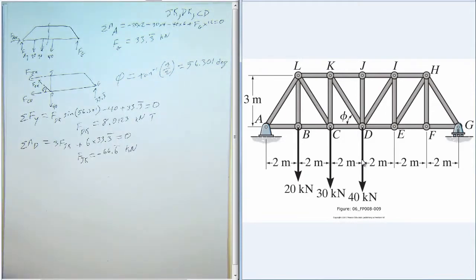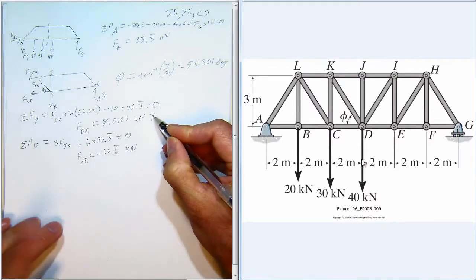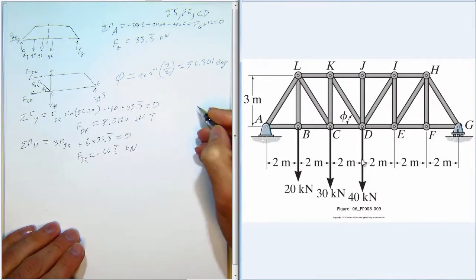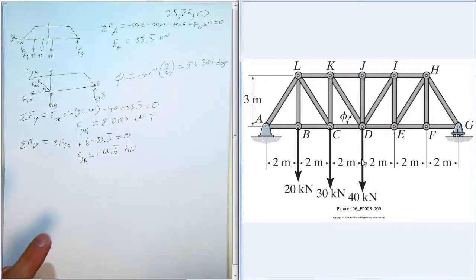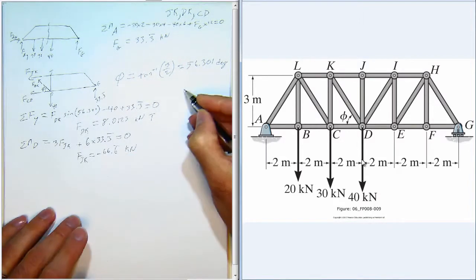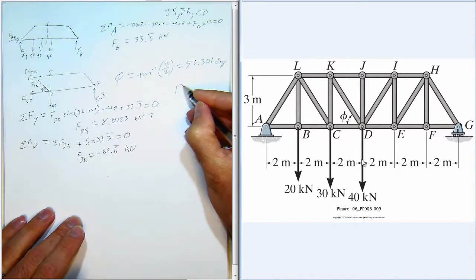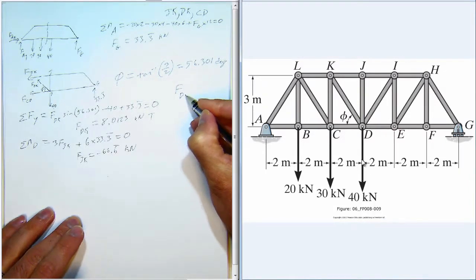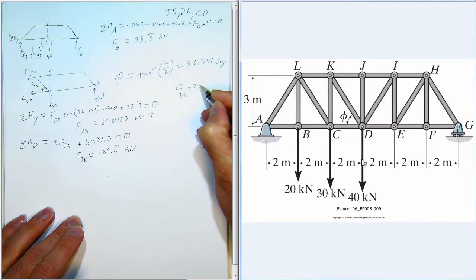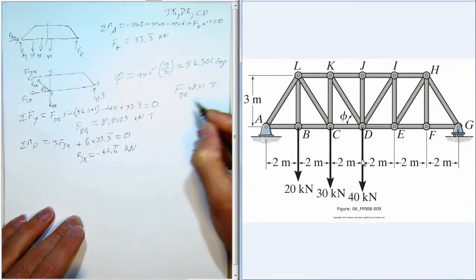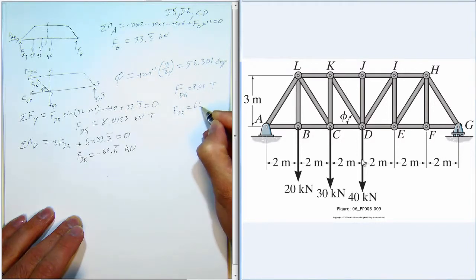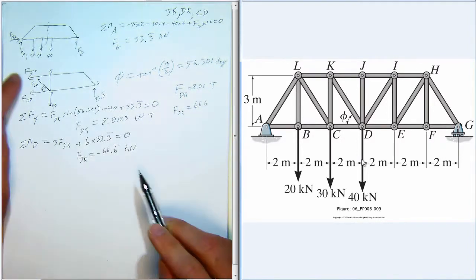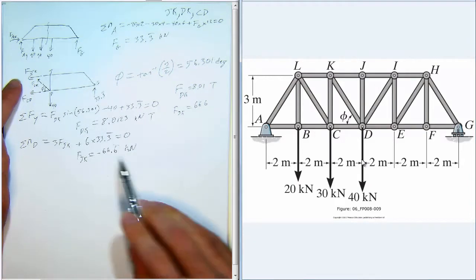Okay. So it's good to have a little table up here for the answers when we start dealing with these negative numbers and everything. Okay. And this will be our final answer. And hopefully you'll see why in a second, why it's nice to have this table. So FDK is 8.01, and that's in tension. FJK is 66.6, and we drew it in tension, but it's a negative number is what we came up with, so it must be in compression.